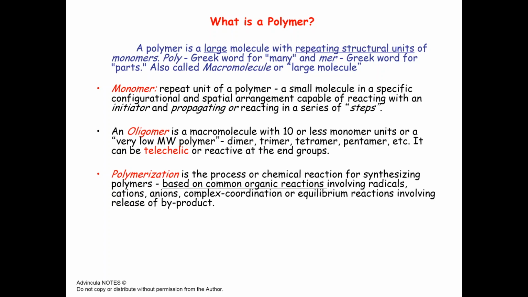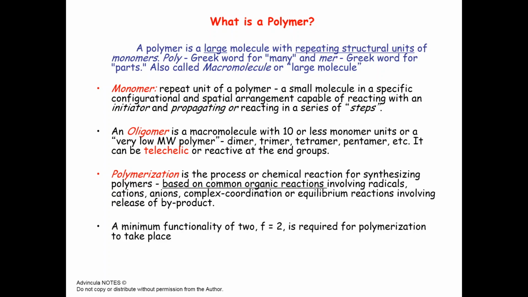But it is safe to say that a good number of organic chemistry reactions can be turned into a polymerization reaction. So there is a minimum requirement for this. It's called functionality. There is a minimum requirement of functionality equal to 2 in order for polymerization to take place.